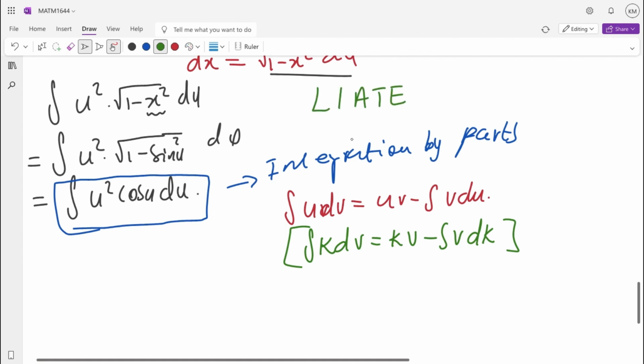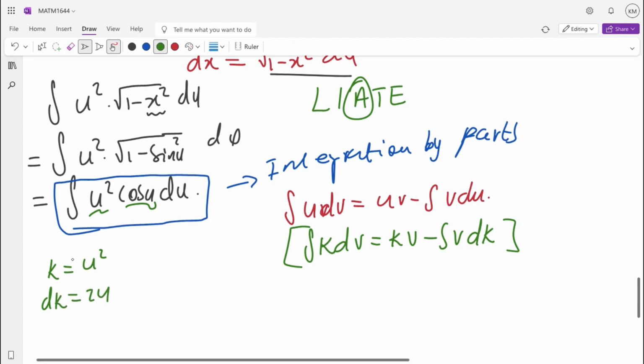Okay. So now, following LIATE, notice that we have an algebraic function and a trig function, and the one that comes first is the algebraic one. That means we're going to let this one be our k. So in this case, k will be u squared, and the derivative of that will give us 2u.